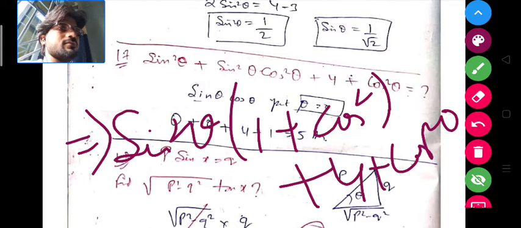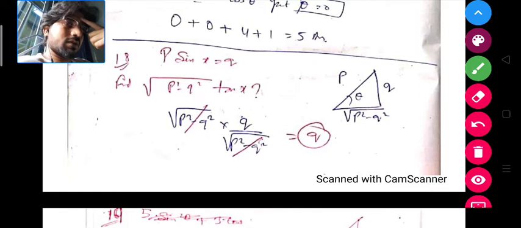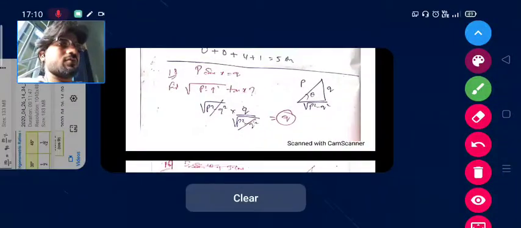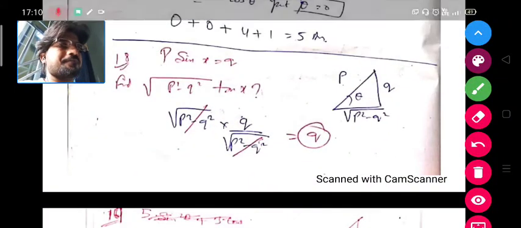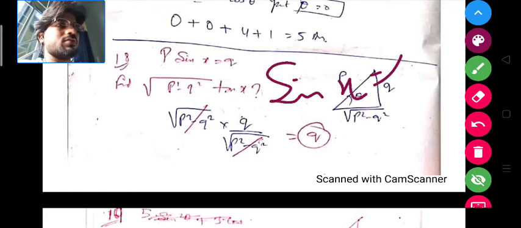Okay, fine. You have p sin theta is equal to q, and you have to find the value of p square minus q square tan x. Okay, so when you have given a formula that is p sin theta is equal to q, so you have sin x is equal to q by p.